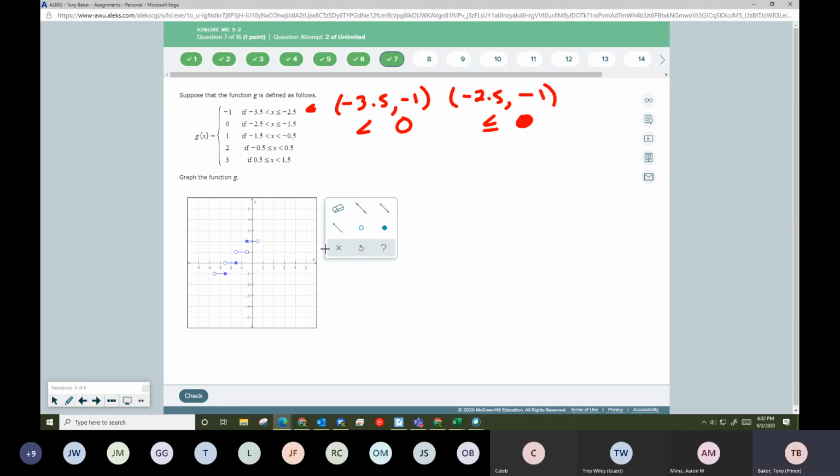And then my final one, wait, did I put something else in there? I didn't. Line, okay. And then my final line is at 0.5 and 3, and then 1.5 and 3.